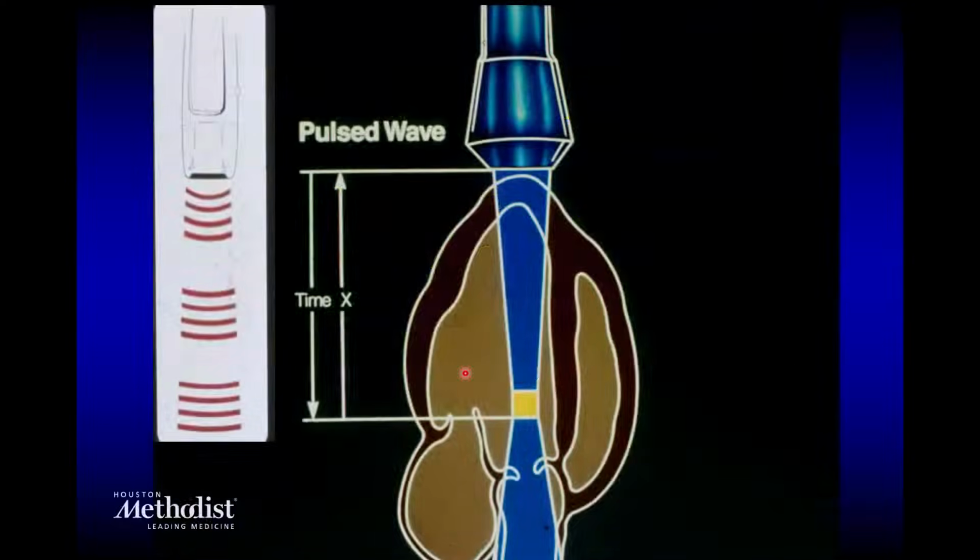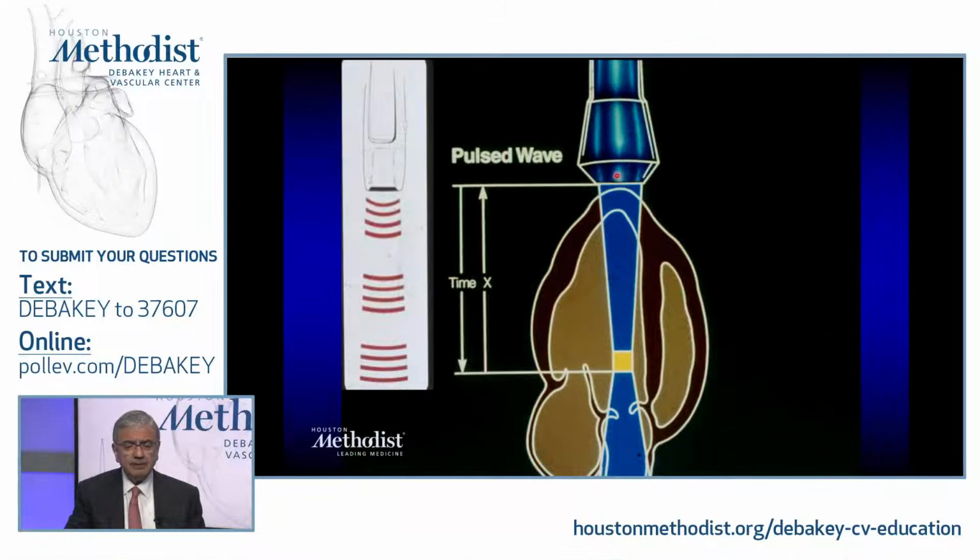Okay? So pulse Doppler, it's interesting. In pulse Doppler, we send a little packet of ultrasound, but we're not going to listen all the time because we're interested in the frequency shift, let's say, at this level. You send this packet, it travels, and we know the depth, and therefore we know the time when we're going to listen again.